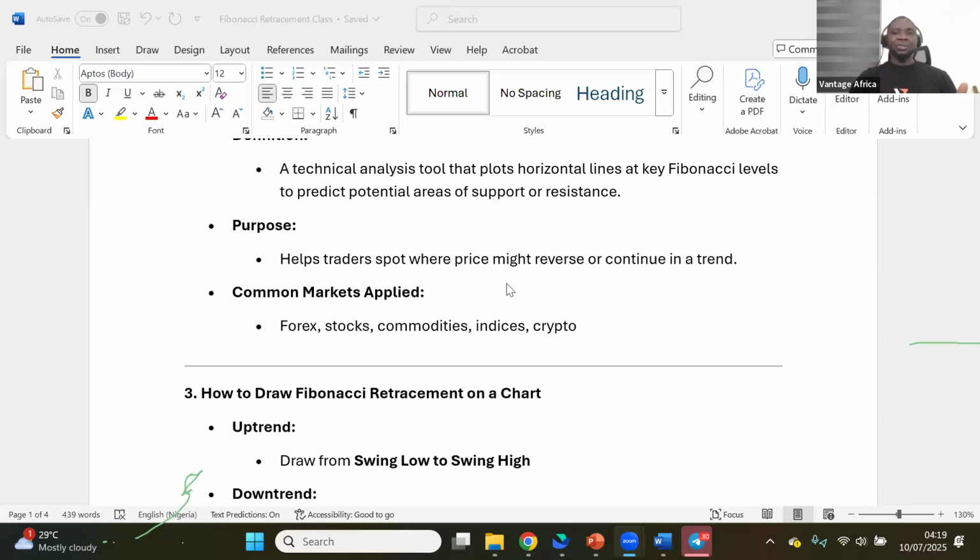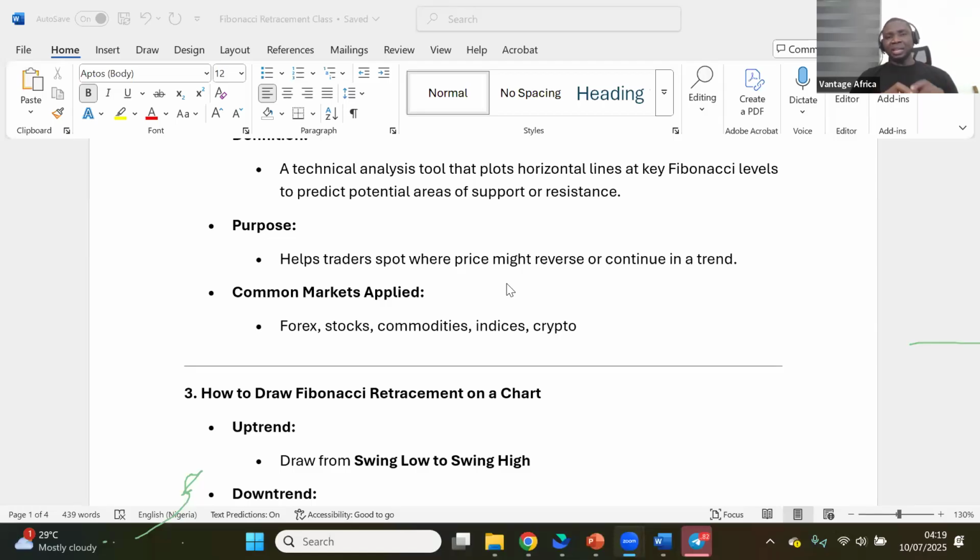So it's usually areas of price reversal, where price moves from an uptrend to a downtrend, or where price continues an uptrend or continues a downtrend. Those are the areas in the market where there are usually opportunities to make profit.